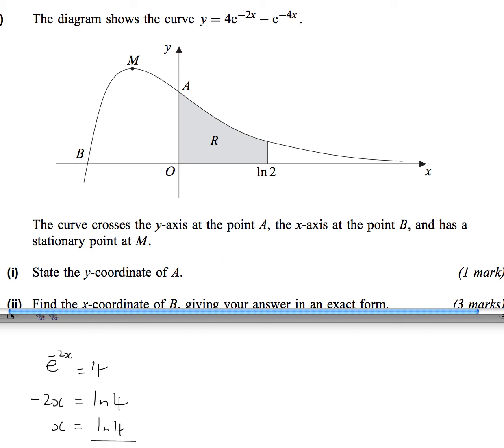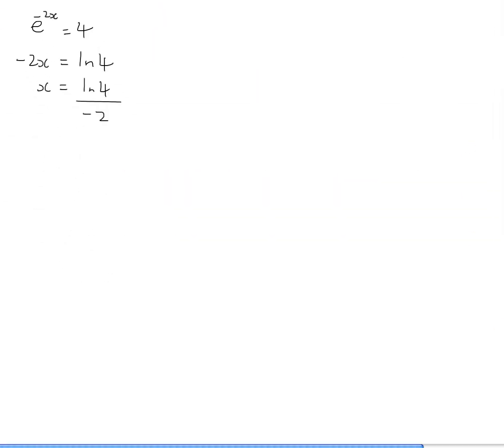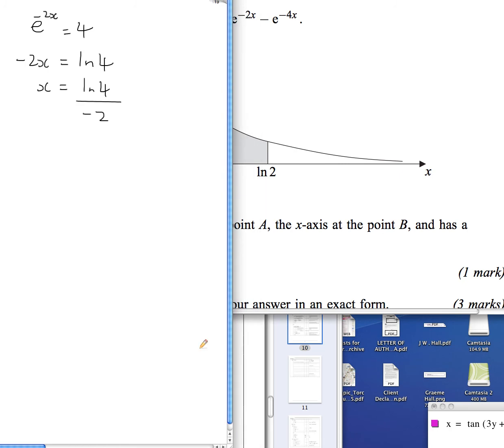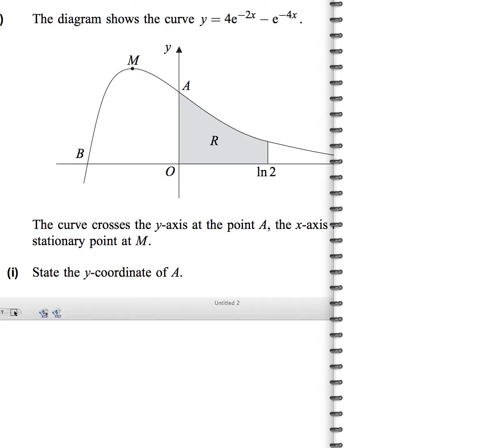State the y coordinate of A. I'll bring this up here, narrow it up, maybe I can do it some better. Okay, part which says state the y coordinate of A.